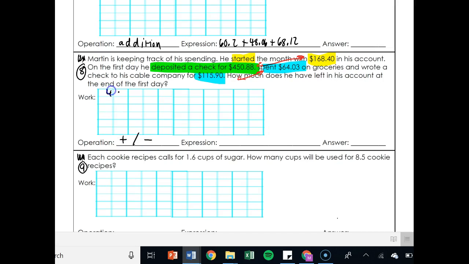So we want to add the 450.88 plus the 168.40. And we also want to add the 115.90 because this is the stuff he spends, right? And this is the stuff he deposits.